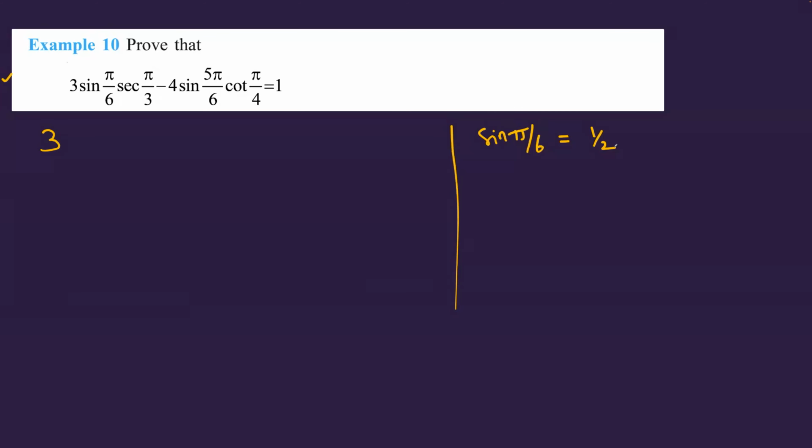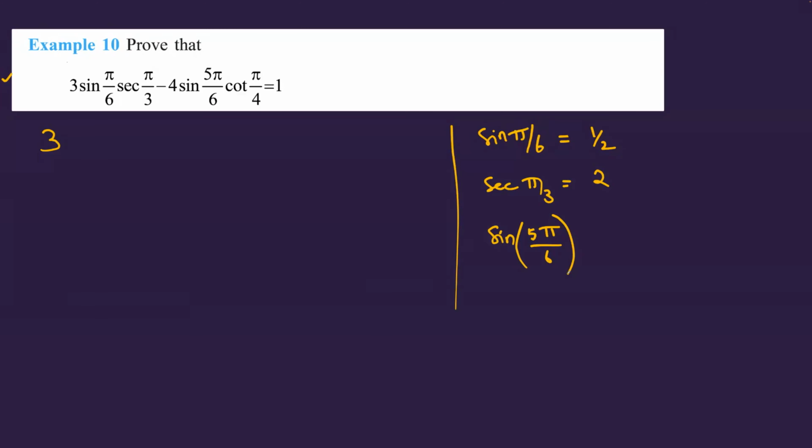Similarly, secant pi by 3 is how much? It is 2 because cos pi by 3 is half. So secant pi by 3 will be 2. Similarly, what is sine of 5 pi by 6? 5 pi by 6 falls in the second quadrant.